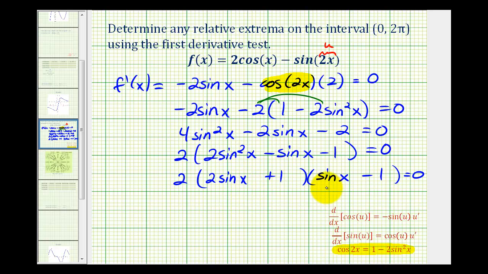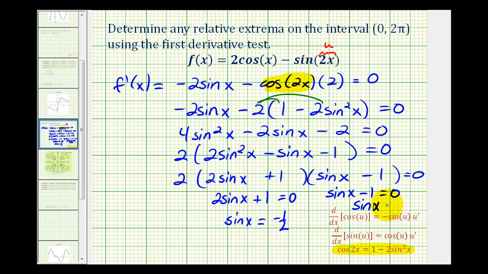Notice how we have negative 2 sine x plus sine x does give us negative sine x. So the derivative is equal to 0 when 2 sine x plus 1 equals 0, and when sine x minus 1 equals 0. Solving this for sine x, we'll have sine x equals negative 1/2, and here we'll have sine x equals 1.